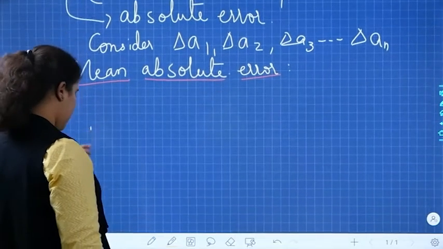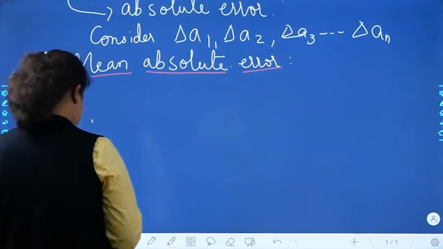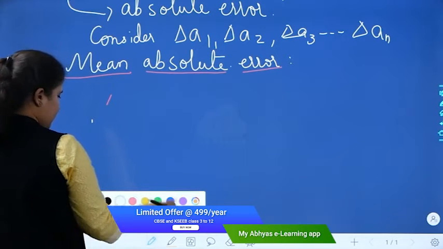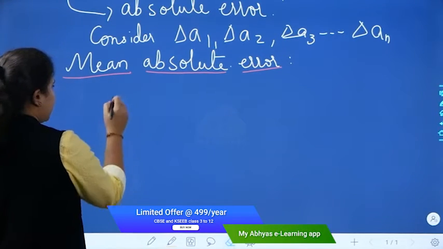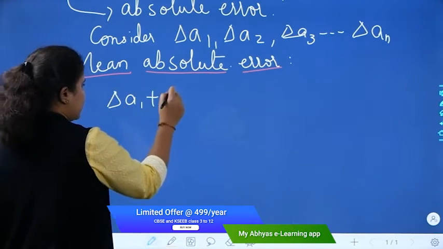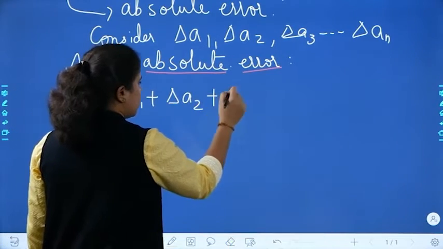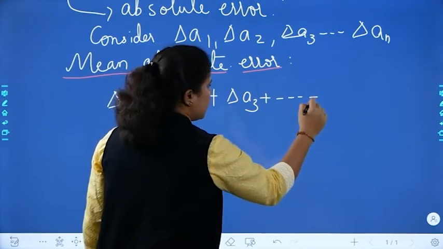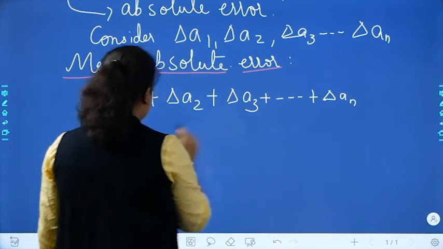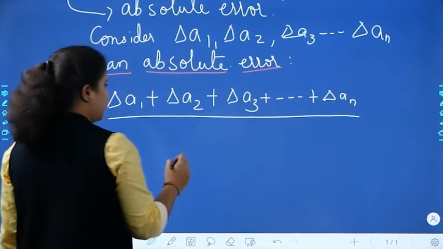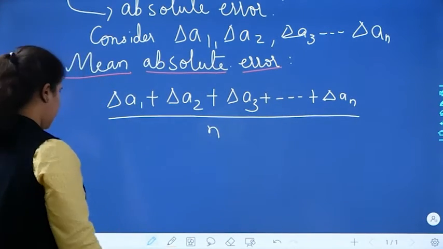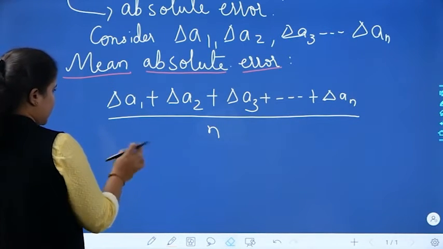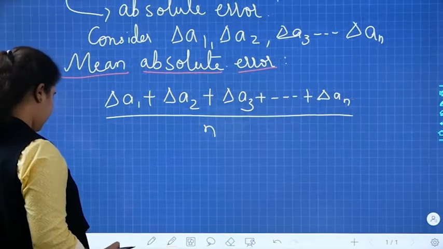How is it taken? Because what I'll do is I'll take the mean of that. So it will be delta A1 plus delta A2 plus delta A3, right, plus so on plus delta AN divided by n observations, right? So as I take n observations, what will be the answer I'll get this side?